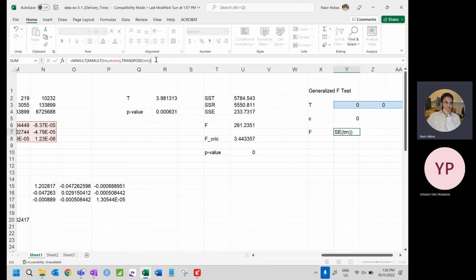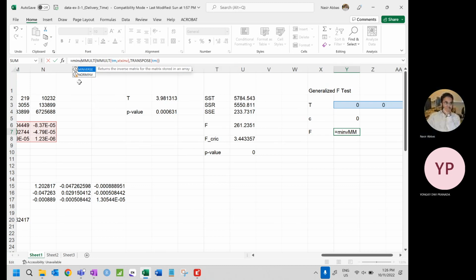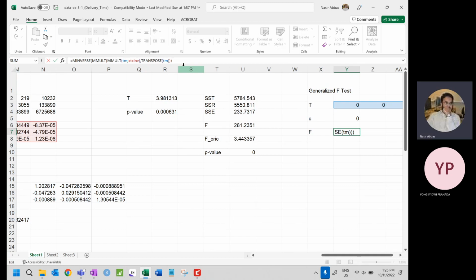Then what to do next? Take the inverse of the whole thing. So outside this one, I put matrix inverse. What to do next? Multiply it by T beta hat minus C. So, comma, another command of matrix multiplication, T with, what did I name?